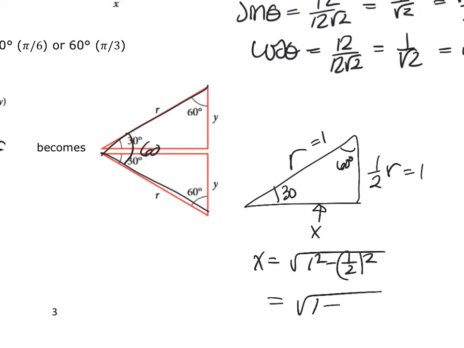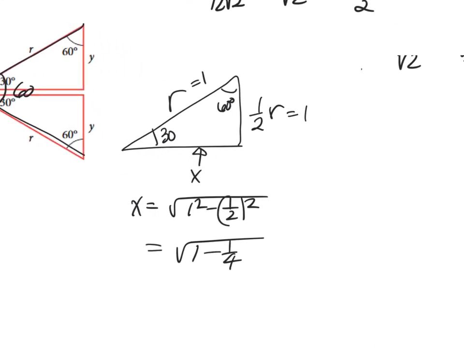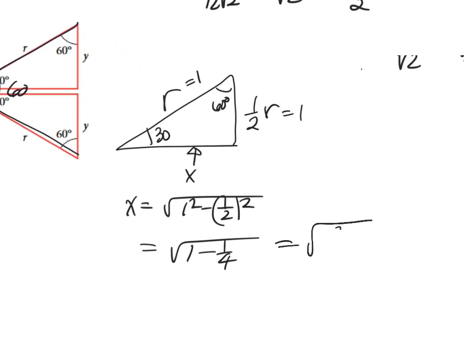So I have the square root of 1 minus 1/4, which is the square root of 3 over 4, which is the square root of 3 over 2. So the 30s and the 60s, I have the square root of 3 over 2 for my X. That's X. My Y is going to be 1/2.